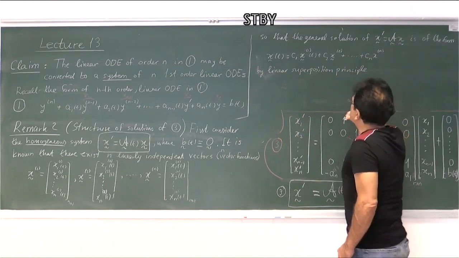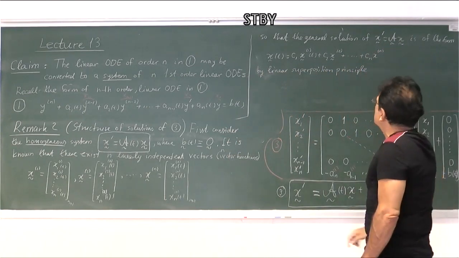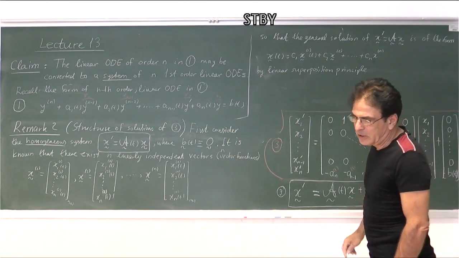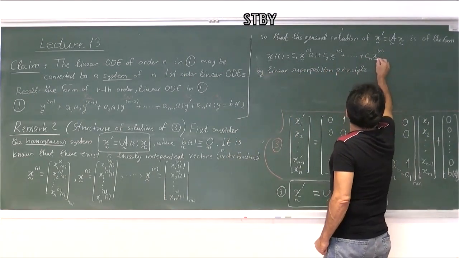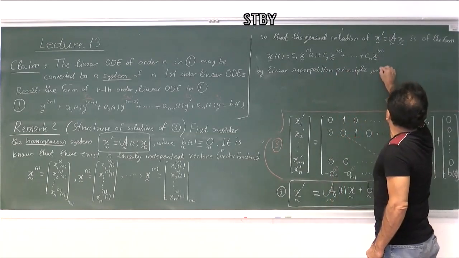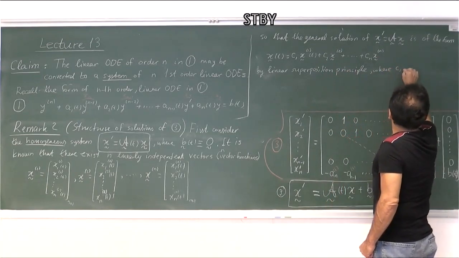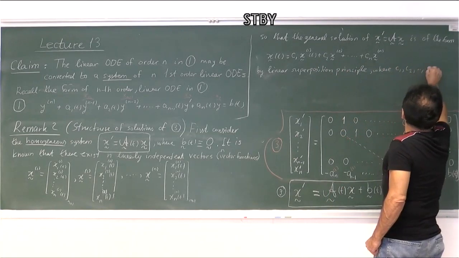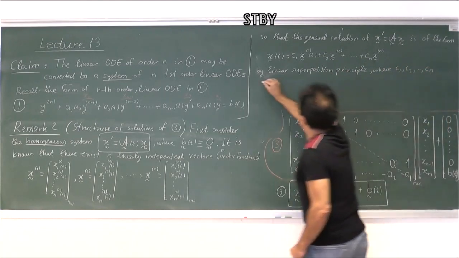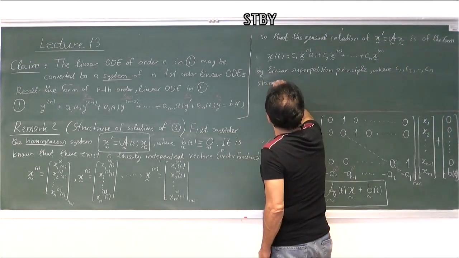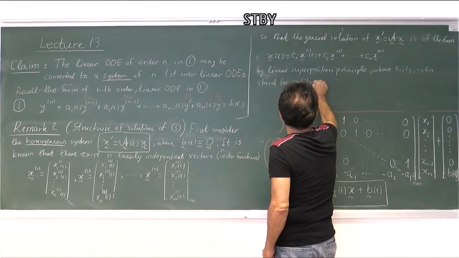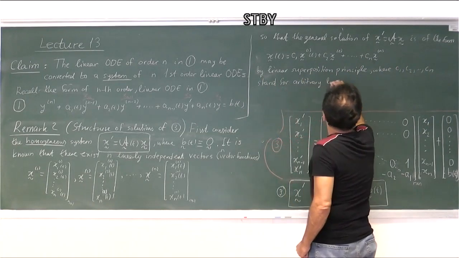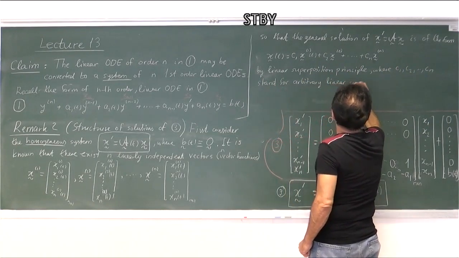Since this is a linear system, we have the linear superposition principle, where C1, C2, Cn stand for arbitrary constants in a linear combination.